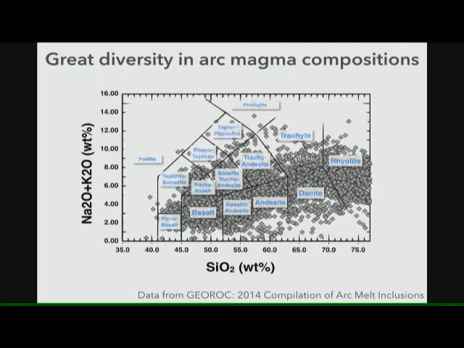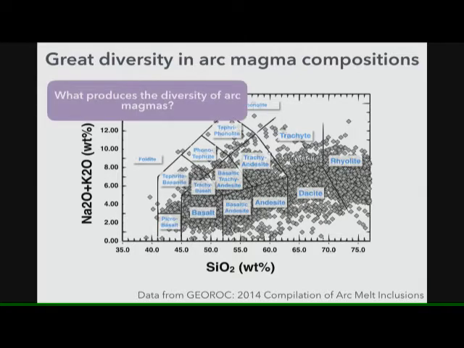They vary from very mafic picrobasalts and basalts all the way up through rhyolites and even more alkalic things as we get up here. This is one way we can look at compositional diversity of things generated in subduction zones. And the question is really what produces this diversity?